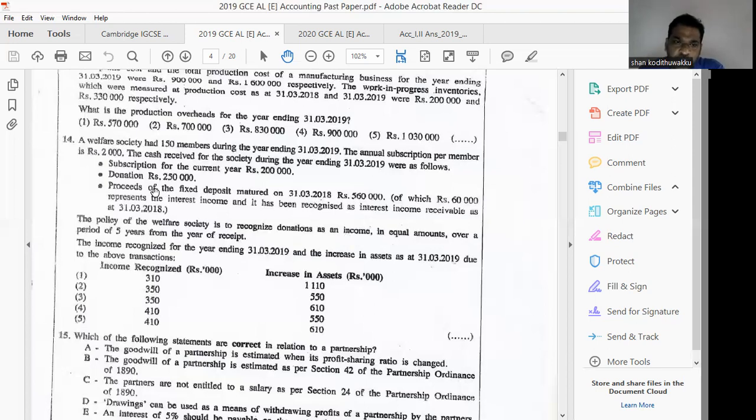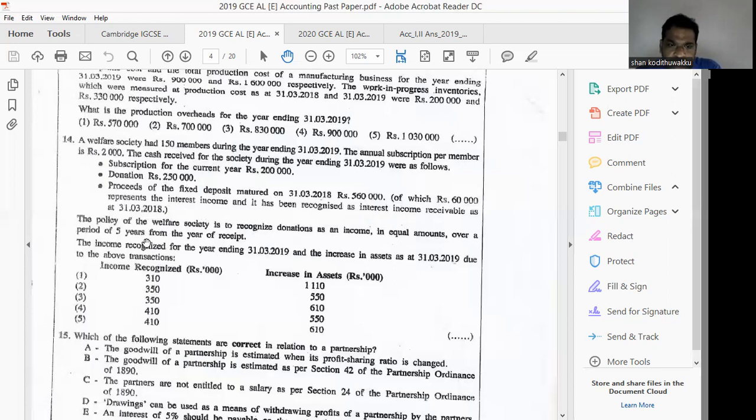Therefore, the received donation 250, divided by 5. Then for the current year, we have to take only 50,000 out of 250. Then the next 4 years, we have to take 50,000 each. Within 5 years, we have to consider it as income. We can't take the total 250 received during the period as the current year's income. Therefore, only 50,000 we can take.